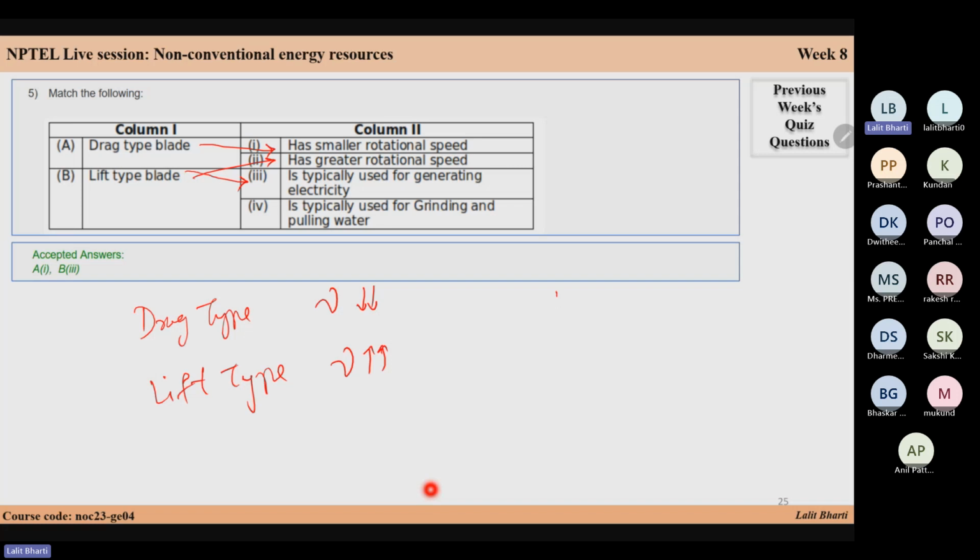So our criterion of 50 hertz is easily matched for the lift type; 50 rotations per second can be easily achieved. But the drag types are used because their velocities are low, so their torques are high. This condition can be used because we have high torque, meaning high force.